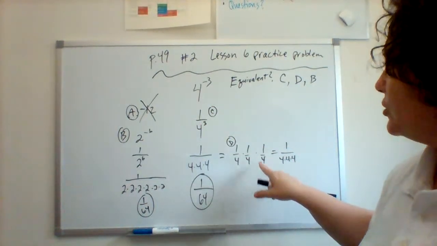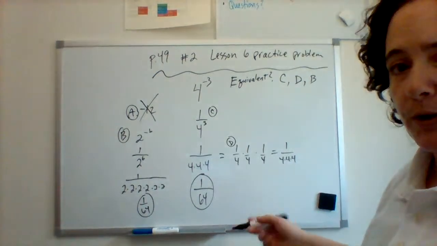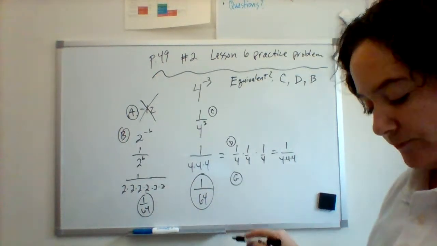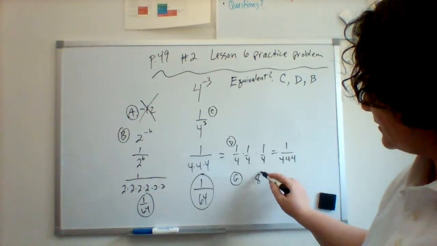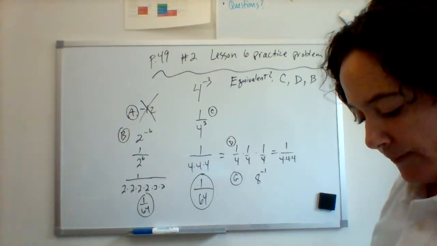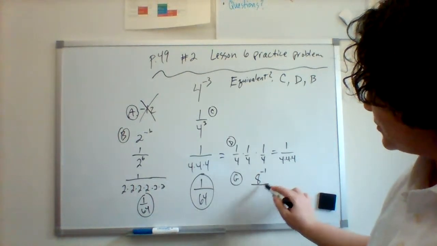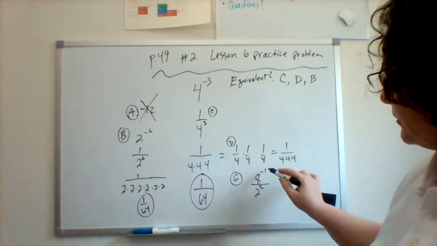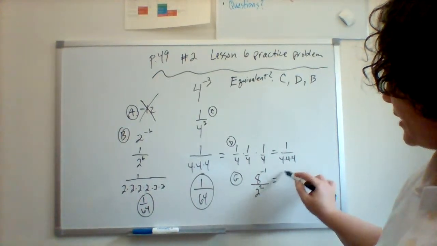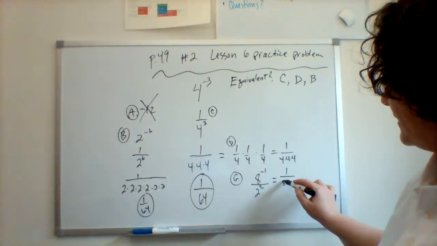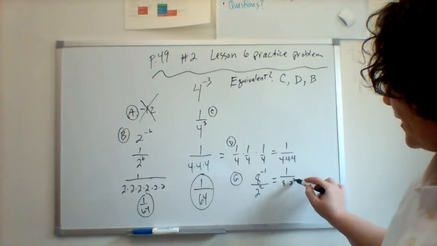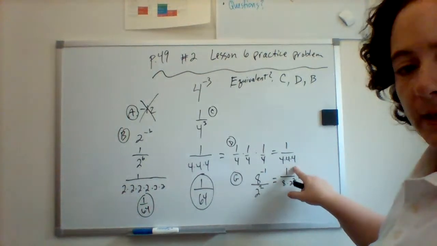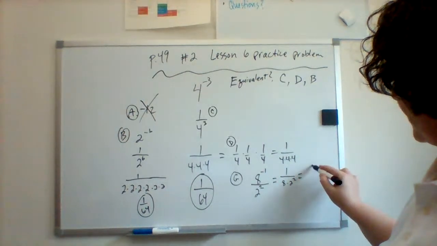Now, G requires a little bit more work, so let's look at G. We have 8 to the power of negative 1, and we have 2 squared. Now, since this one is negative, it's actually 1 over 8 times 2 squared. Well, what is 2 squared?